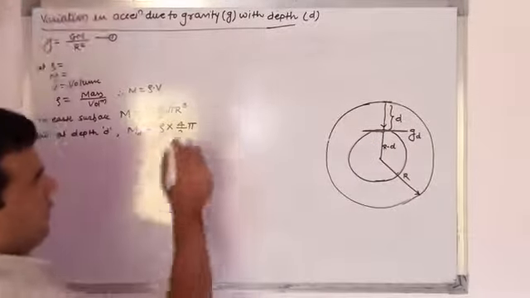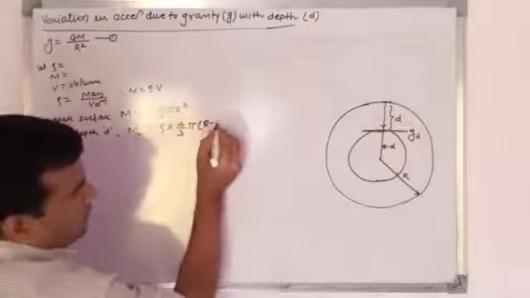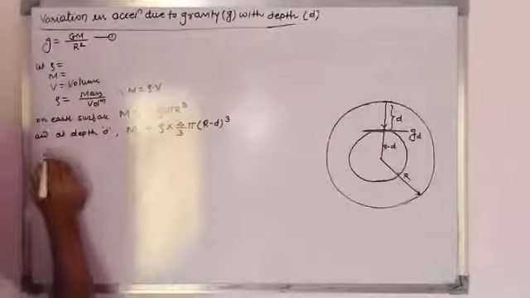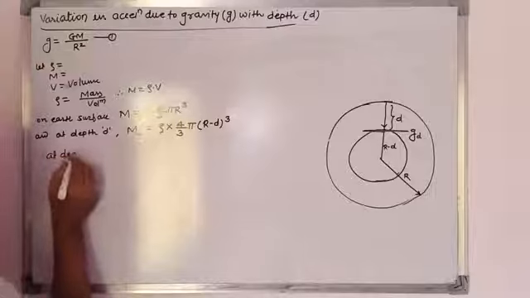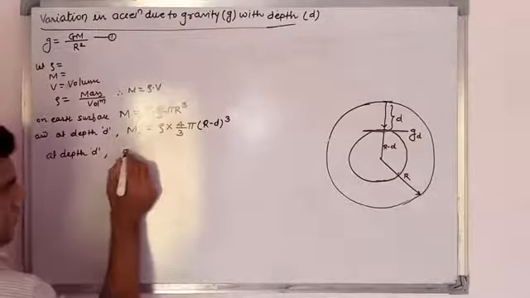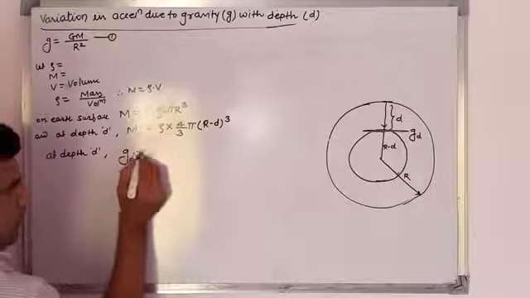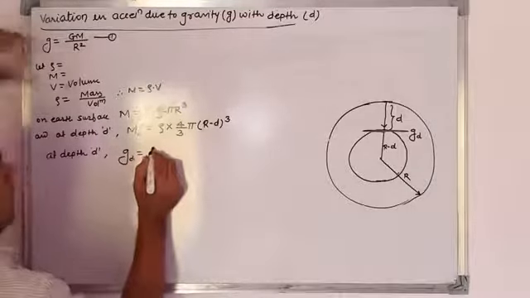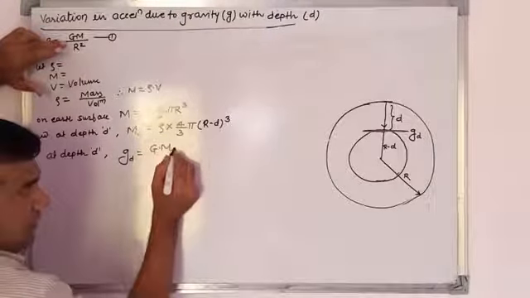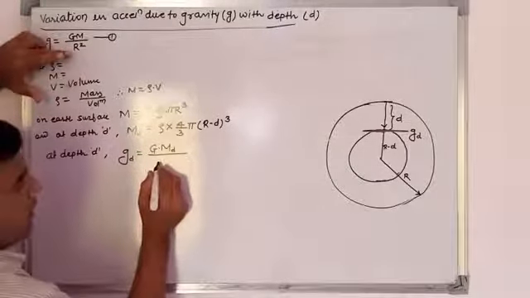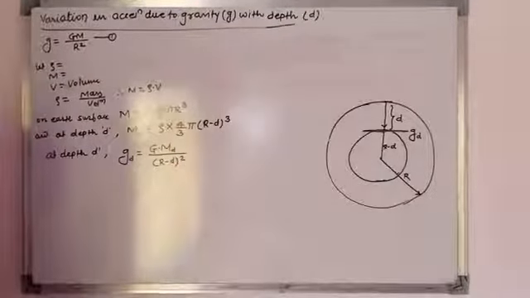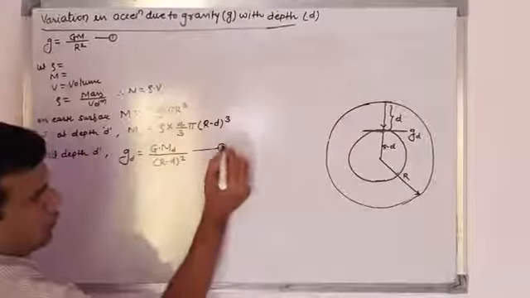R minus d, and therefore this can be written as r minus d whole cube. Therefore at depth d we can write the acceleration due to gravity gd is equal to G into mass at depth d upon radius, that is r minus d whole square. This is equation number 2.